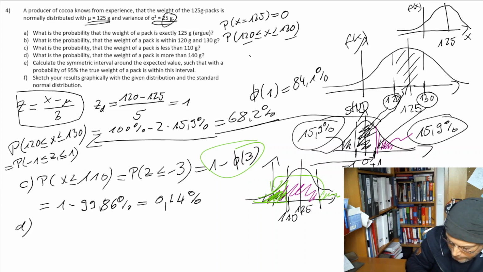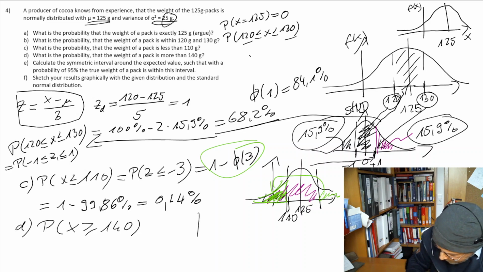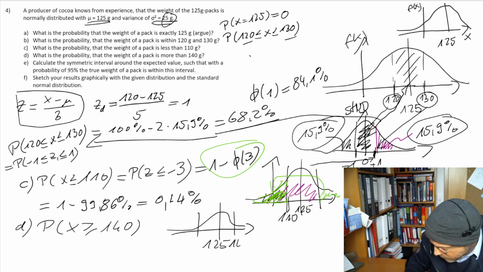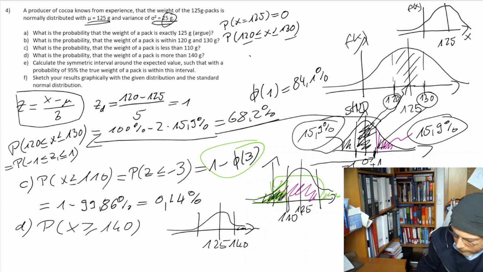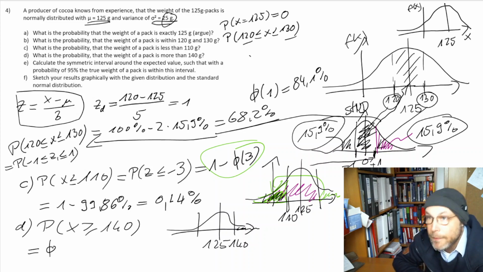Then we have D: probability of X larger than 140. Graphically, again, 125, 140. We are interested in this area. Hopefully you can directly give me the probability. Very surprisingly, I should change the question, I think.